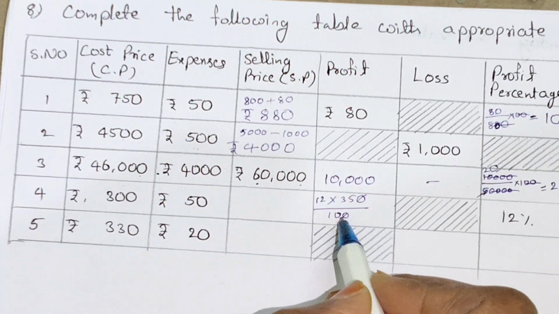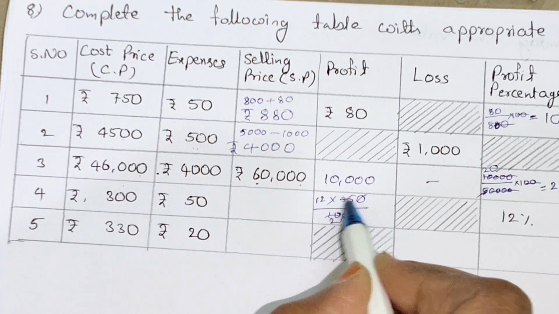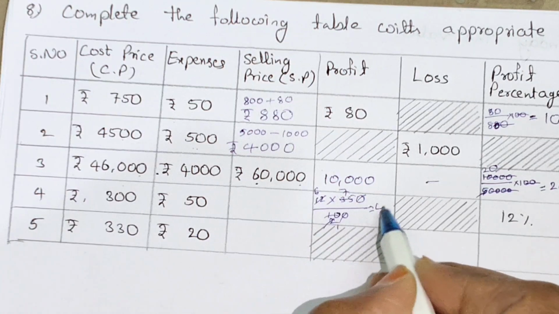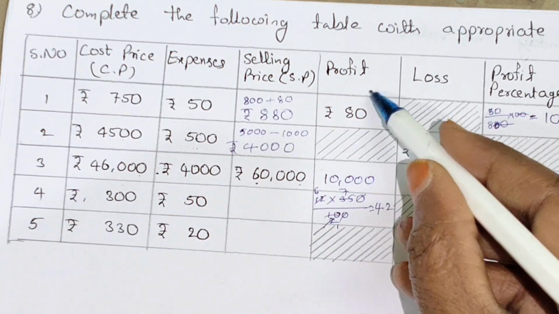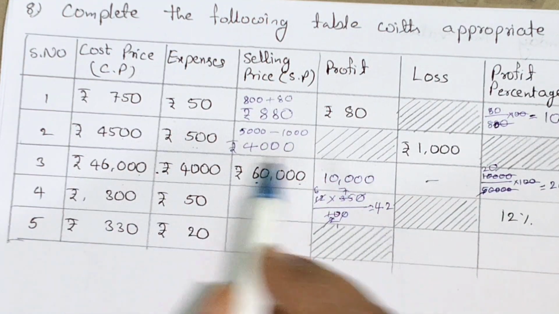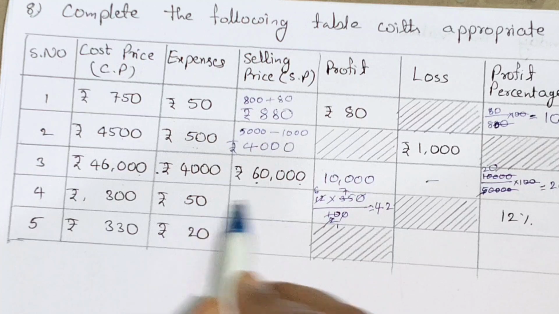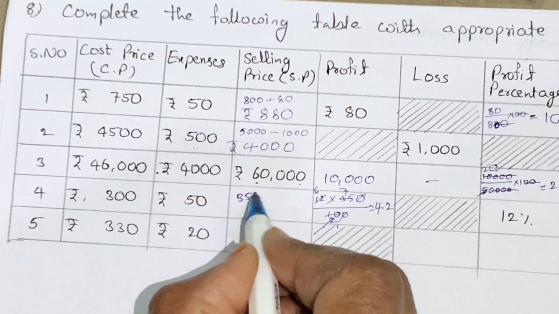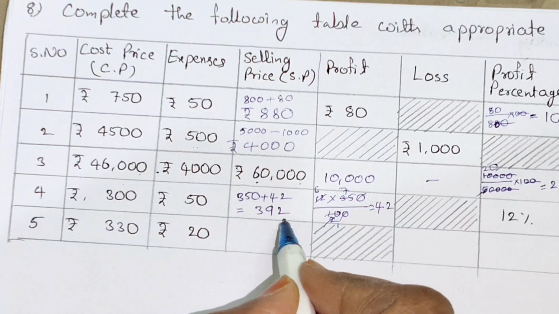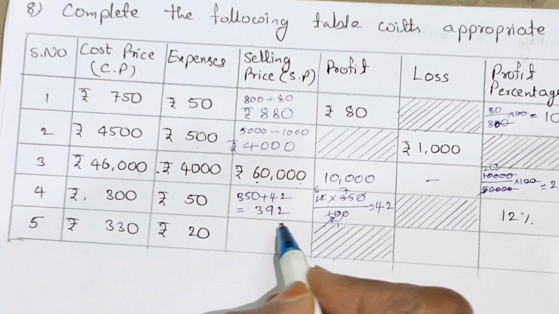The zeros get cancelled. 42 rupees is the profit. Now the selling price is total price plus profit. 300 plus 50 is 350, 350 plus 42 is 392, the selling price of this one.